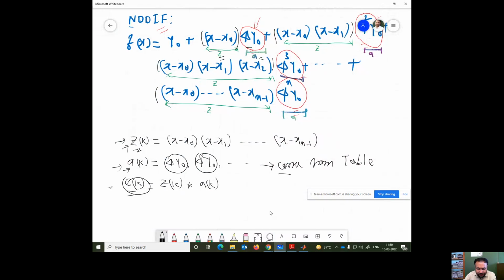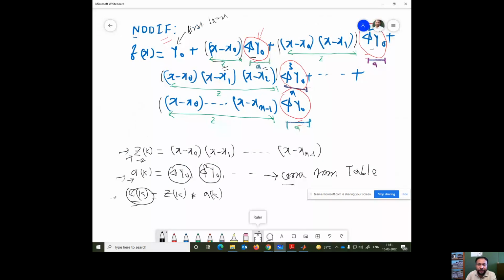Here, this is the first term, this is the second term, and this is the third term onwards. Now, if we observe here, the first and second terms have a huge difference in the formula, but from the second term onwards, the formula follows some trend line.